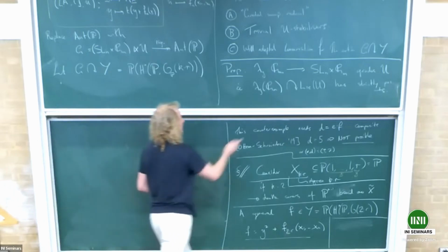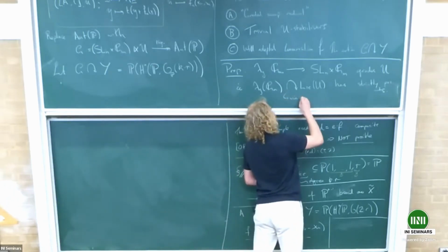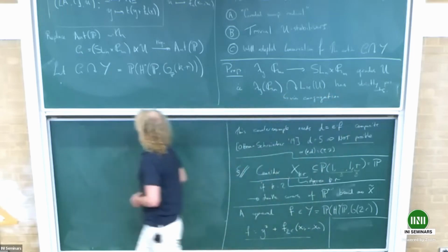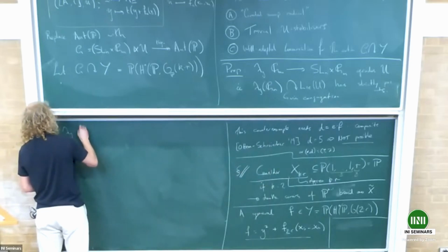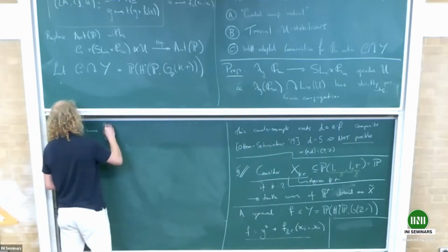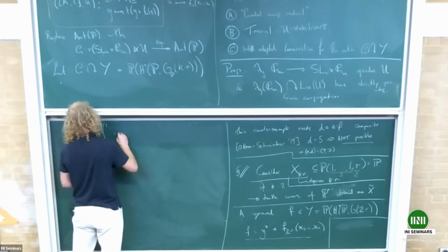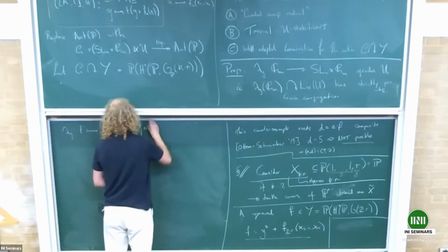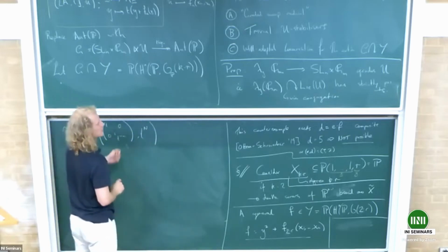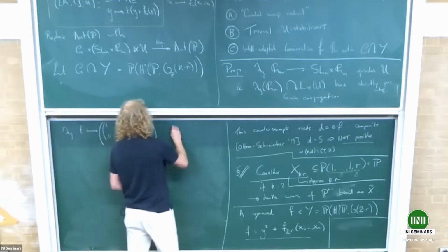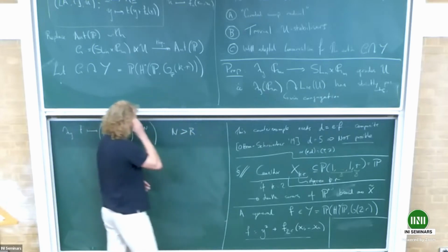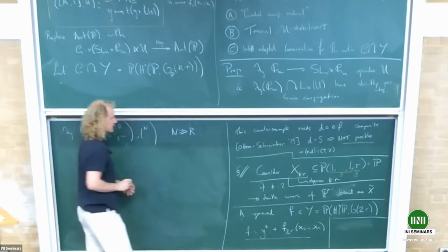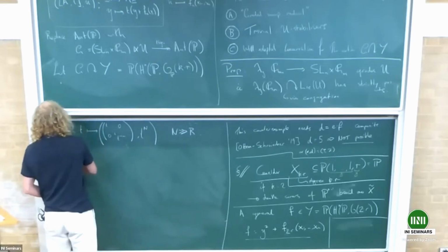This action is via conjugation. And lambda G sends T to the standard minus n plus 1 in SL_N, and T to the n here, back inside our group, and n just has to be strictly greater than r. In practice, later on we'll take it much greater than r, but it doesn't really matter.